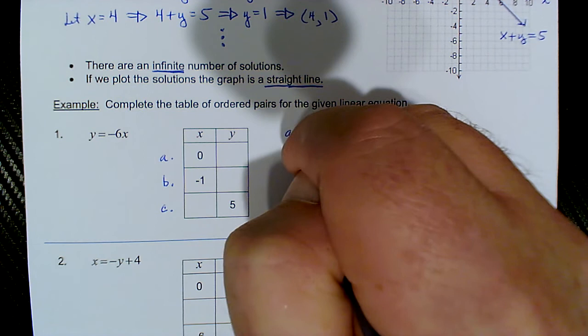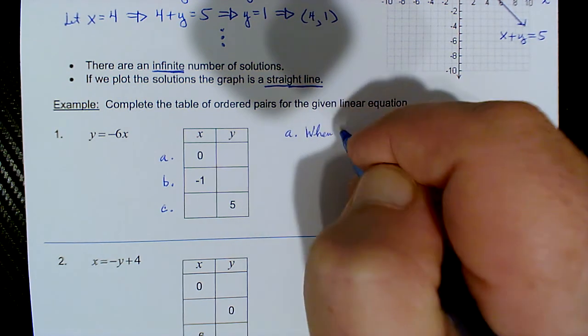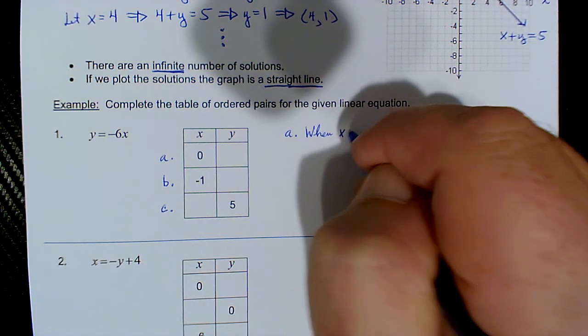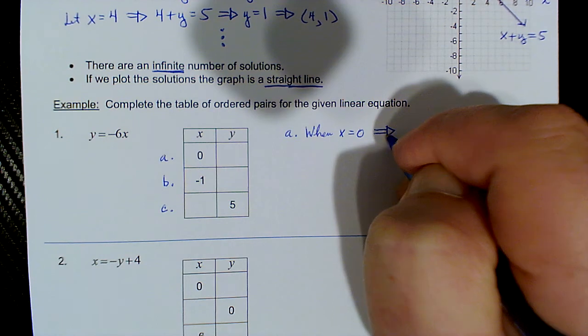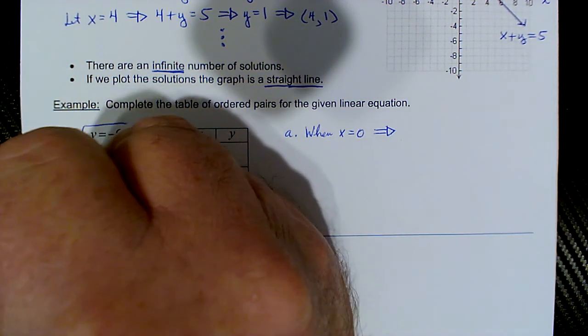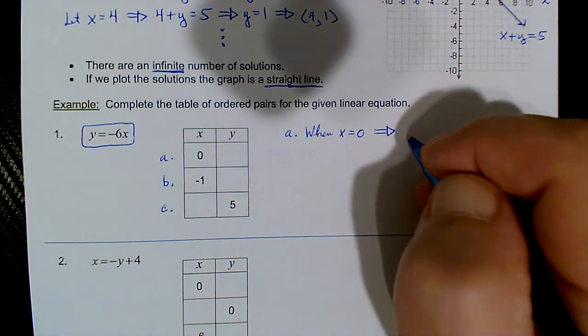So for part A, I'm going to say it this way. You don't have to write all of this out, but this is showing it formally. When x is 0, and you can do as much of this mentally as you want. This is the go-to equation in this case. We're given that y is negative 6x.